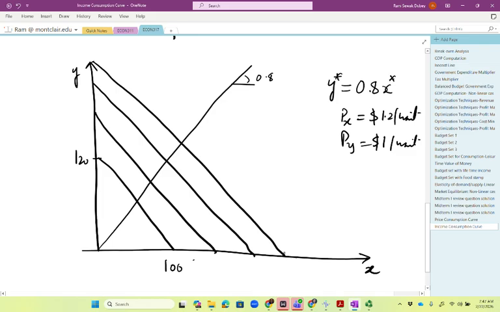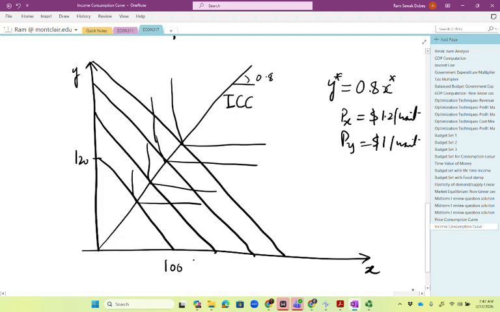And then the optimal choices are the points of intersection. Again, if you recall, the indifference curves are L-shaped. So I will draw these indifference curves, which give us the optimal choices for the consumer. And so this is the income consumption curve.